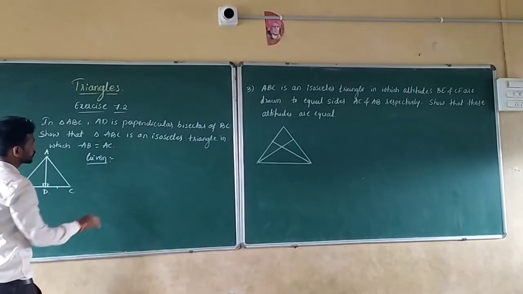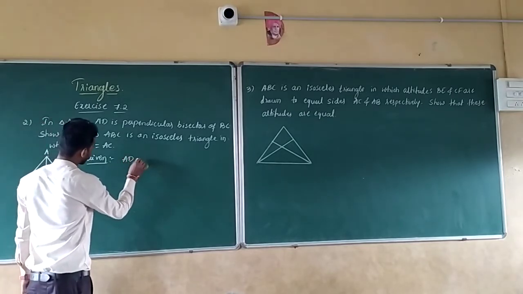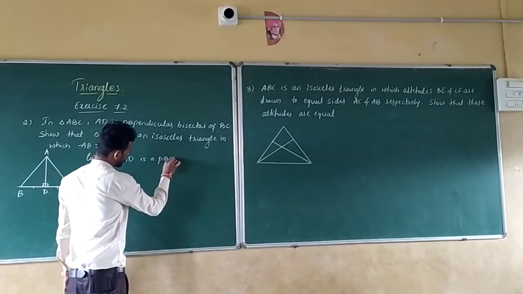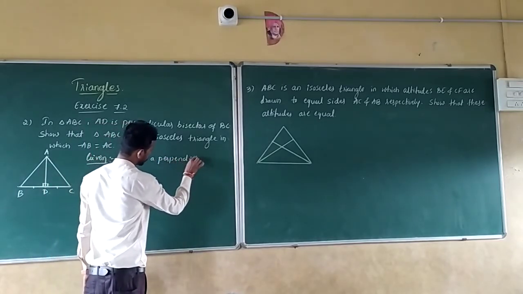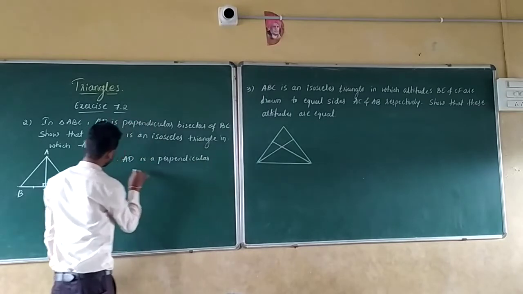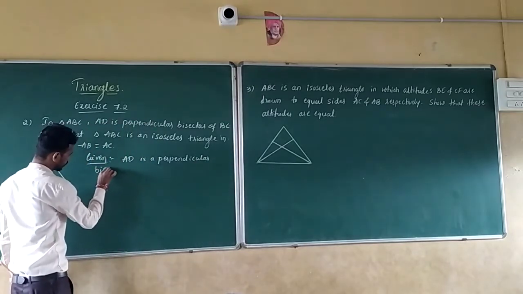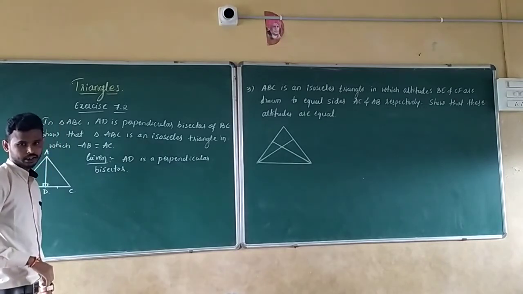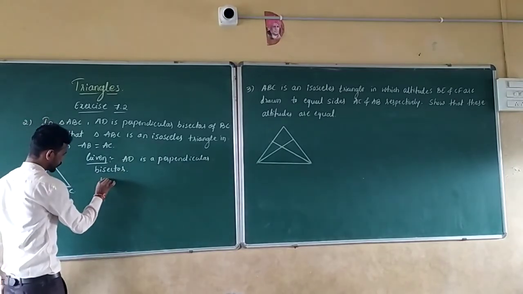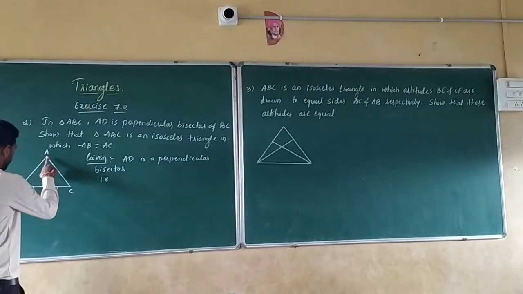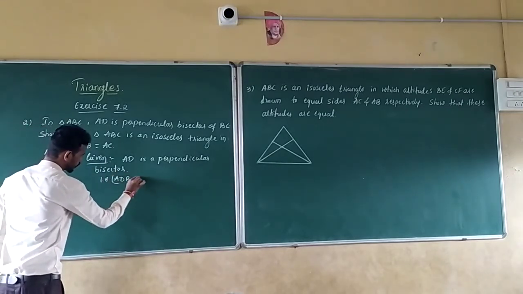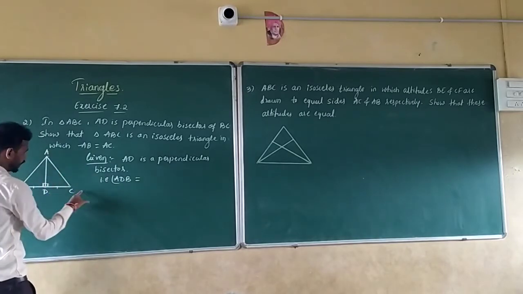What is given? AD is a perpendicular bisector. So we can write angle ADB is equal to angle ADC.